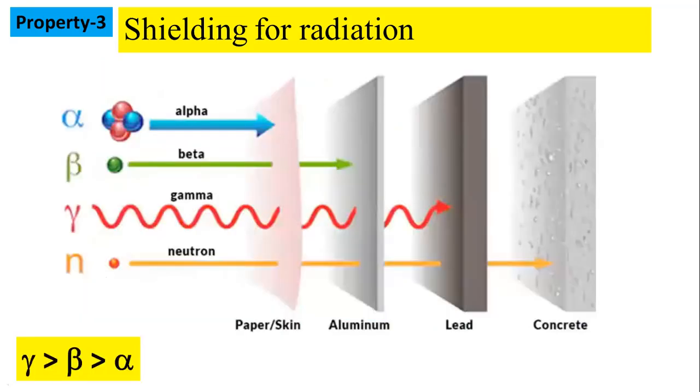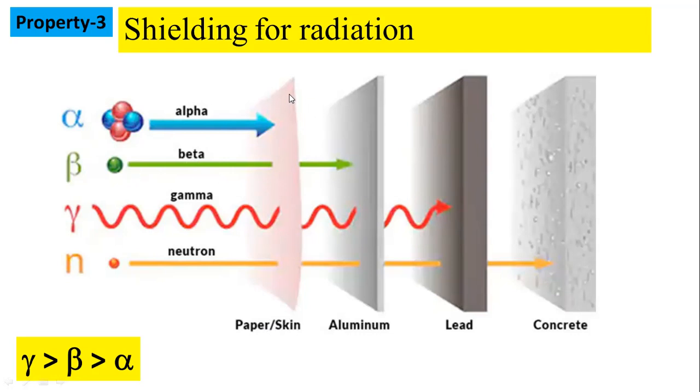So again, this is the comparison of the different radiations, alpha, beta, and gamma. Alpha is the helium nucleus. It is a bulky material, two protons, two neutrons, having more mass. So it can be stopped by paper or the skin.